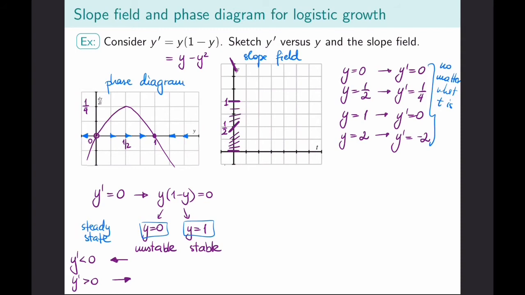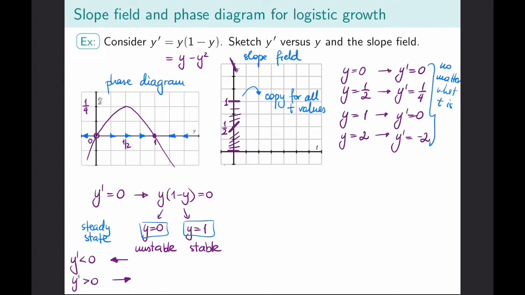So now again, these will hold no matter what t is, which means that this entire picture can get replicated for all values of t. I'm going to take this and I'm going to copy for all t values. Okay, so this will continue all in this direction.